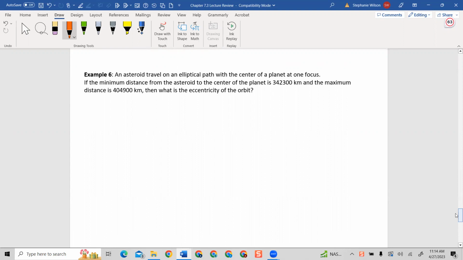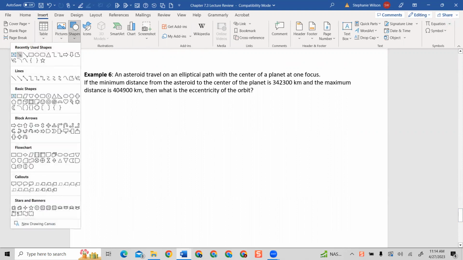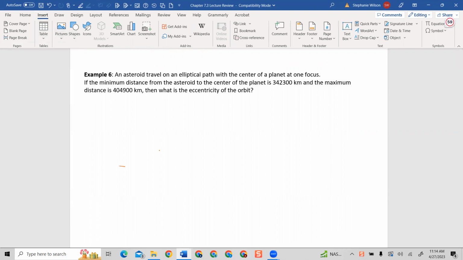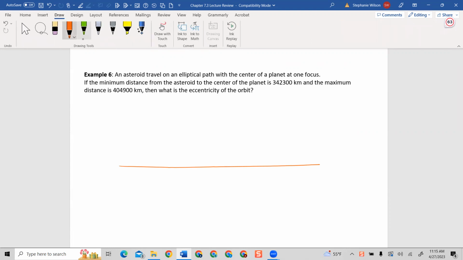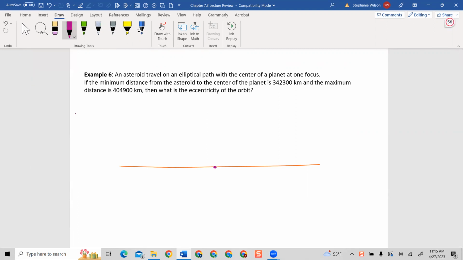All right. So first, let me draw this out right quick. Let's put our center. Let's put our planet where it was talking about.